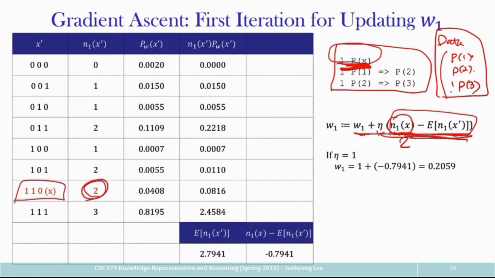The next value is actually very difficult to compute, but since this is a small example, I actually generate all of them. Now, let's not only look at this interpretation, but look at all other interpretations. So there are 8 possible interpretations, starting from 0, 0, 0 to 1, 1, 1.